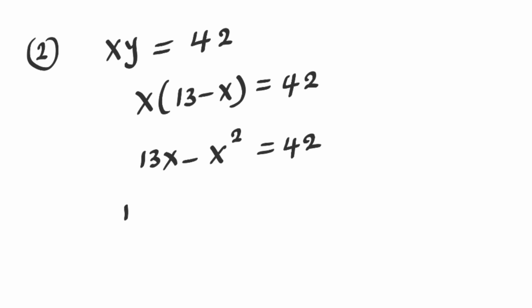This can be written as 13x minus x squared minus 42 is equal to 0.